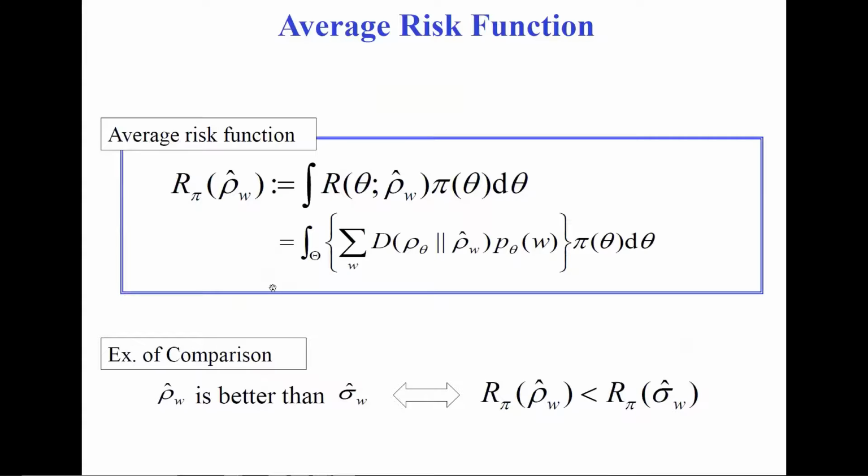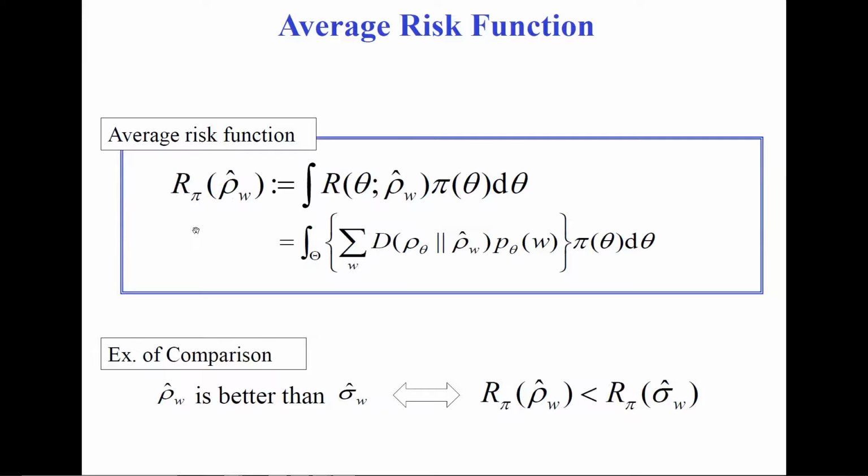But basically, we cannot minimize the risk function for every theta. Thus, we take the average of the risk function using a certain prior distribution of the parameter. We call this the average risk.